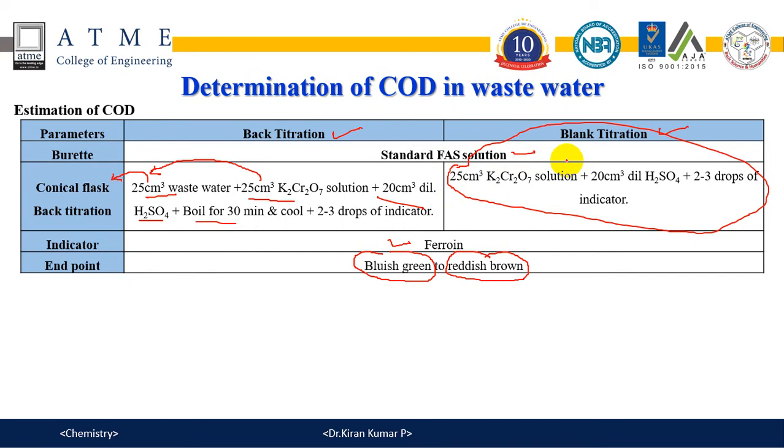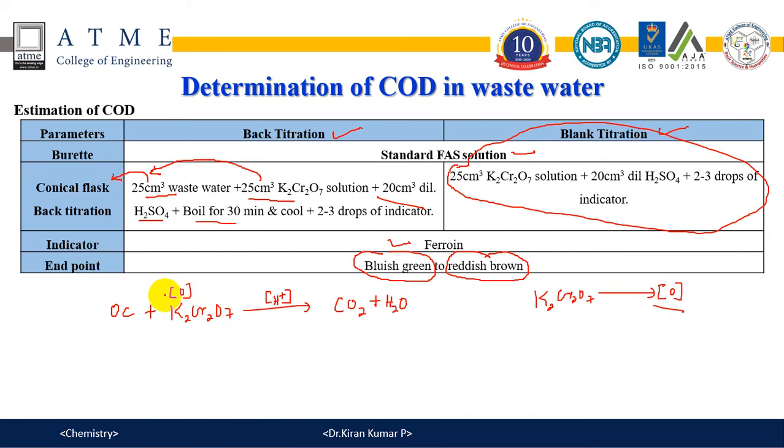The reason behind this is, as I said in the earlier slide, organic compounds are oxidized using K2Cr2O7 in presence of acid medium to form carbon dioxide and water. Our idea is to know the amount of oxygen that has been consumed. The oxygen is provided by K2Cr2O7, and this oxygen is utilized by the organic matter.